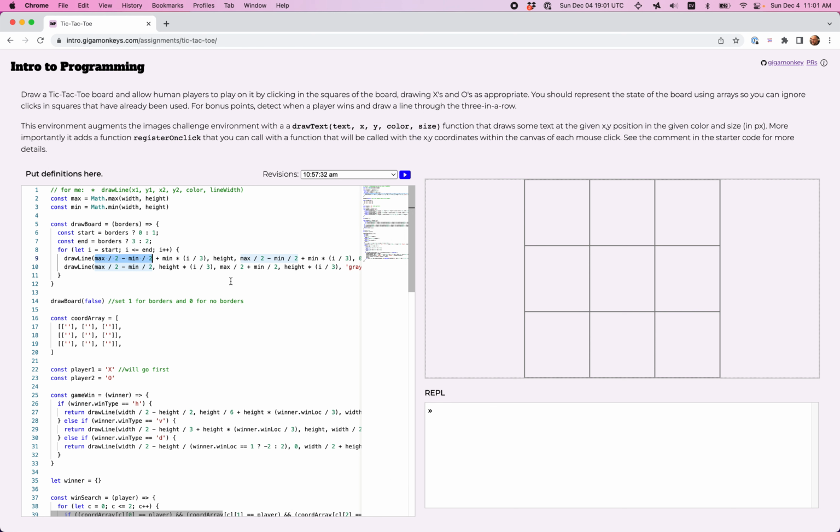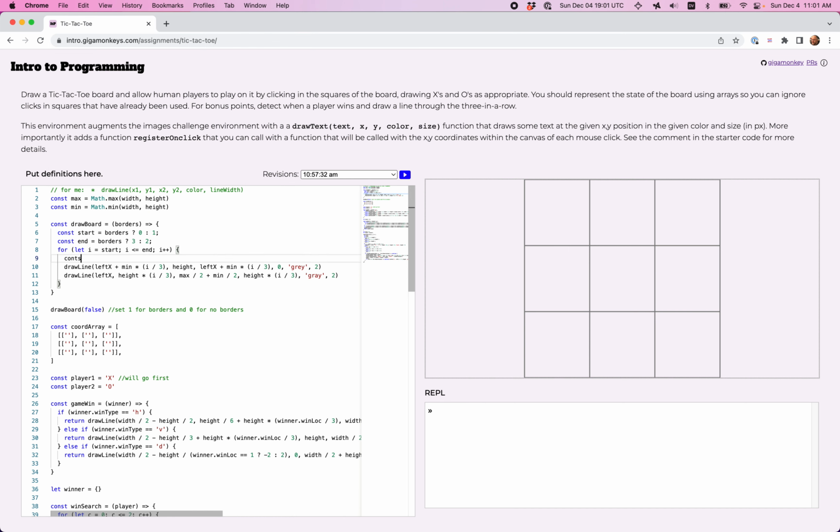So I'm going to copy it, Command C, and then change all occurrences and just change that to left x. And then I'm going to come up here and say const left x equals that value.